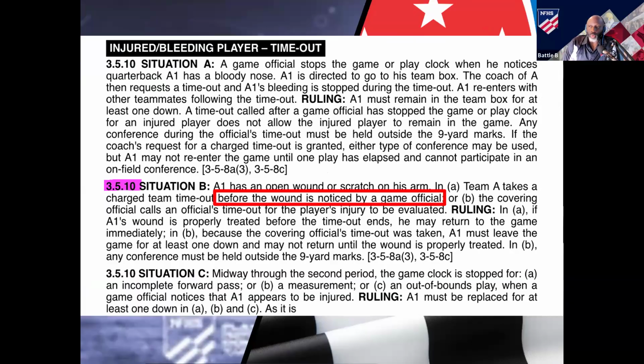Okay, so A1 called a charge timeout before the wound was noticed by a game official. Look at the ruling. In A, if A1's wound is properly treated before the timeout ends, he may return to the game immediately.